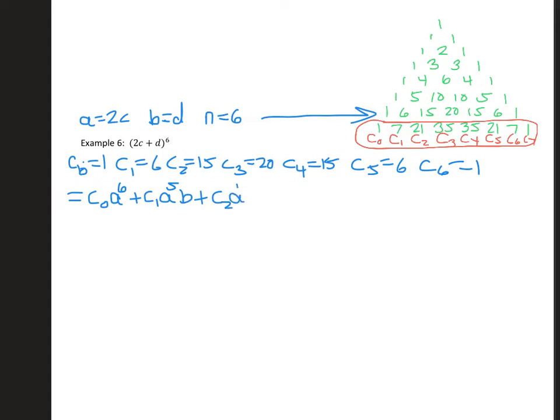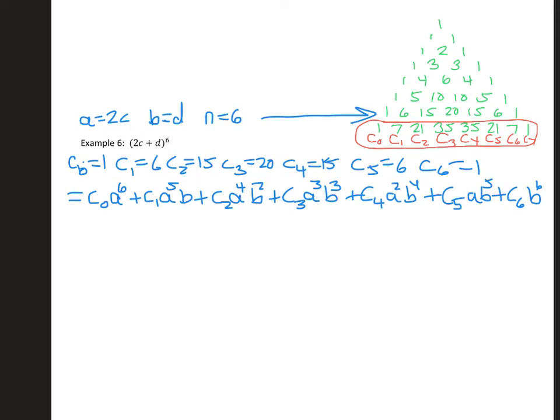So a's exponent is stepping down while b's exponent is stepping up. And you can see the pattern. And b goes all the way up to 6 there, while a is down to an exponent of 0. So it just drops out.